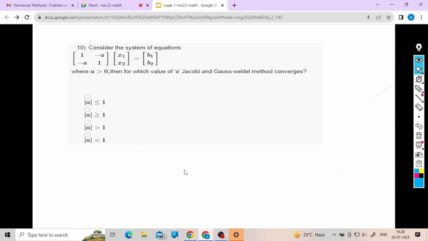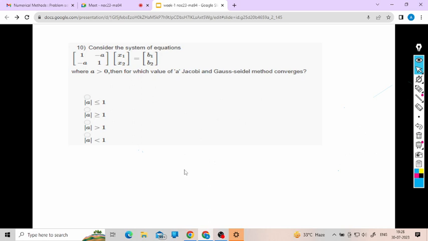I understood what it is dealing with, but my question is about the condition number of the coefficient matrix, which I did not get. Okay.